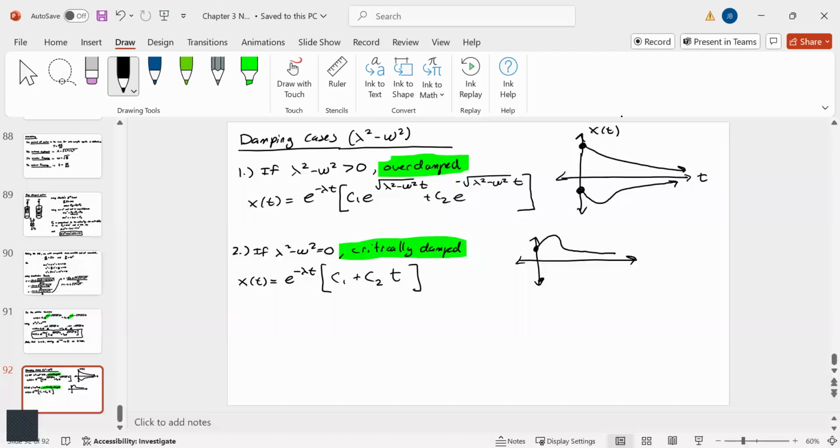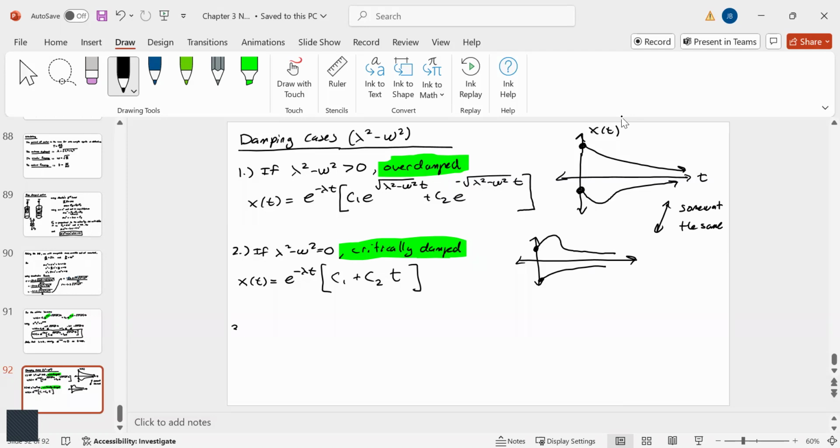You can have a scenario where it goes down. It's just less exaggerated, like collapsing to zero. But at the end of the day, it's still damped, so it's still going to go towards zero. So these are somewhat the same. Critically damped, you might have more than one opportunity to go up and down, but again, it just depends on how much initial force you give it.